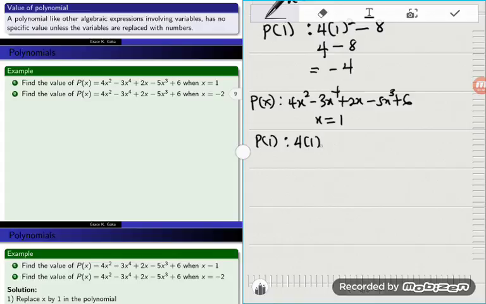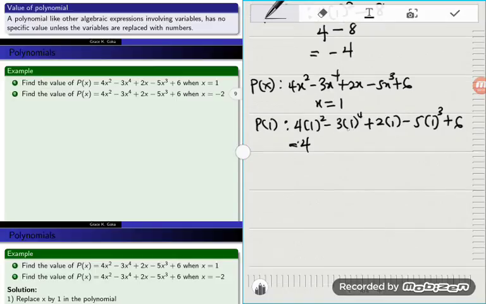4 times 1 squared minus 3 times 1 to the power 4 plus 2 times 1 minus 5 times 1 cubed plus 6. 1 square will be 1. 1 times 4, we have 4. 1 to the power 4 is 1. 1 times minus 3, minus 3. 1 times 2, 2. 1 to the power 3 will give us 1. 1 times minus 5 will be minus 5.